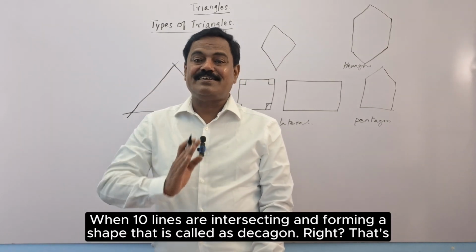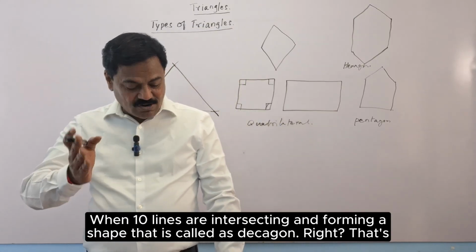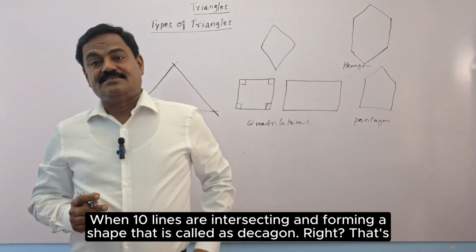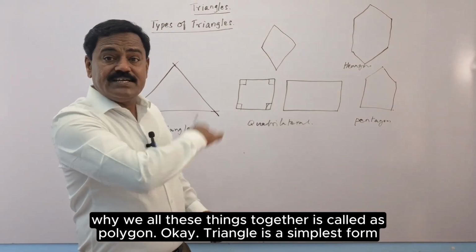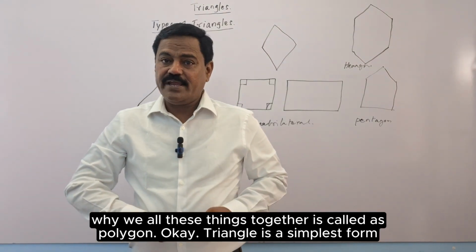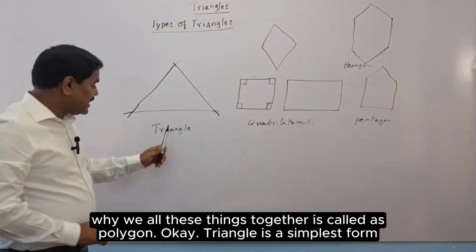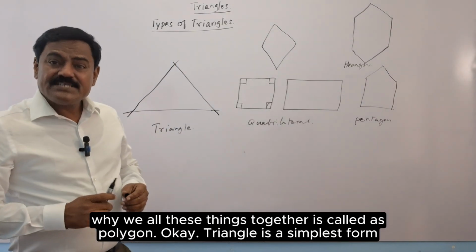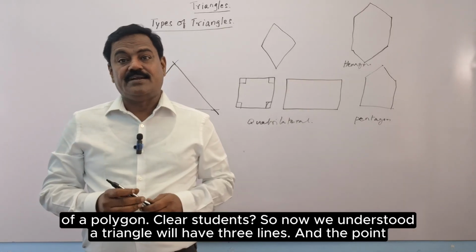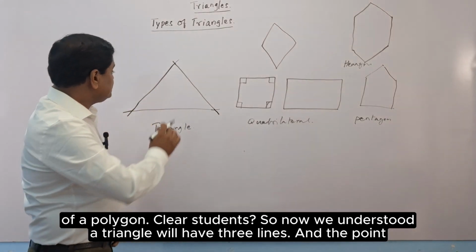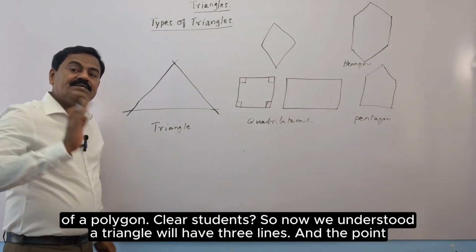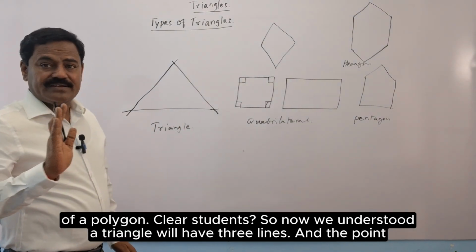When 10 lines are intersecting and forming a shape, that is called a decagon. All these things together are called polygons. So a triangle is the simplest form of a polygon. Clear, students? So now we understood a triangle will have three lines, correct?